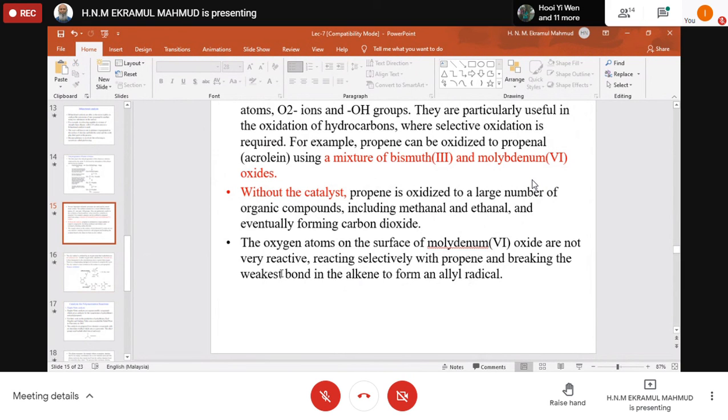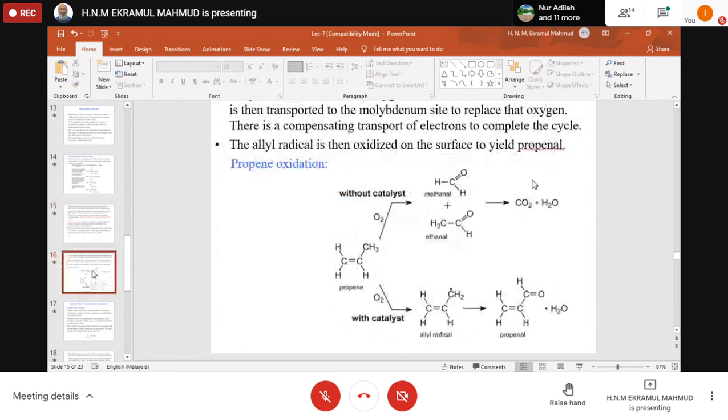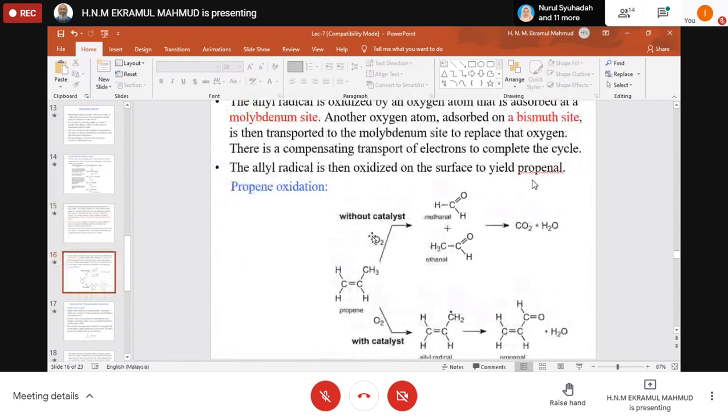We have the alkane, no problem. We have the alkene. We have our reactants. Reactants are okay, but the problem is the right choice of catalyst. Molybdenum alone is not the right choice.